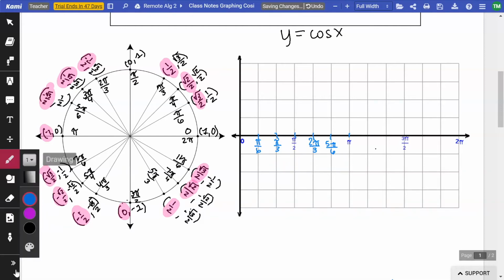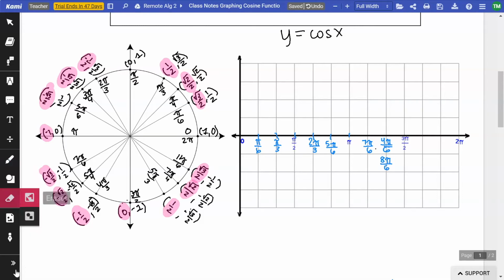Moving on. If this is 6 pi over 6, this would be 7 pi over 6. Then after 7 pi over 6, we would have 8 pi over 6, which reduces to 4 pi over 3.